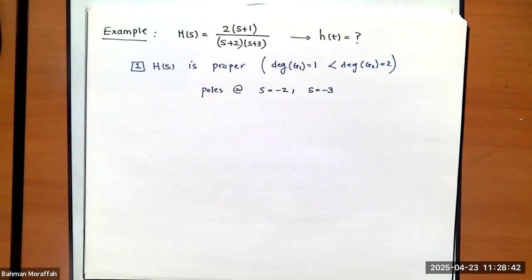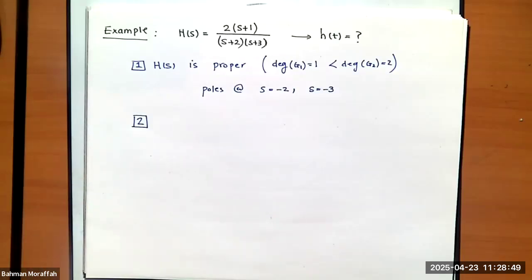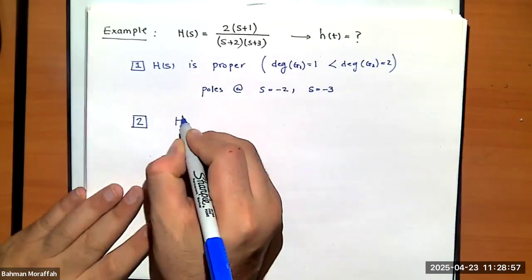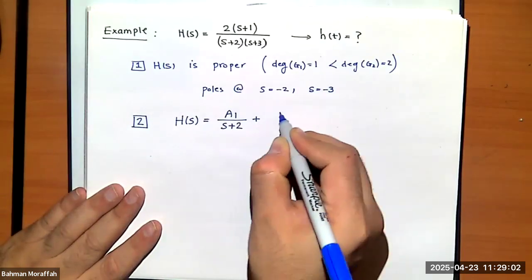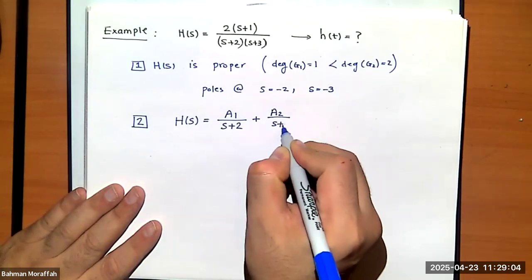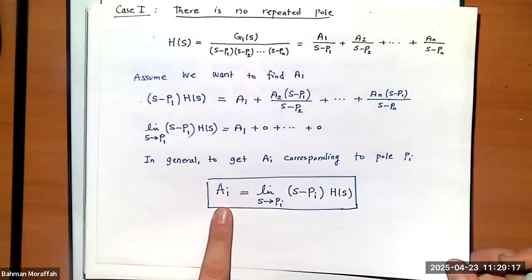As soon as I know what the poles are, I see that the poles are different, so there is no repeated pole. So I know H of S can be written as some constant A1 divided by S plus 2, plus some A2 divided by S plus 3. What we have to do is to find A1 and A2. Given this formula, now I can find A1.